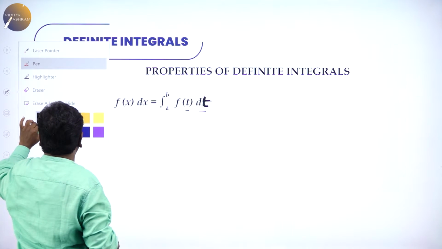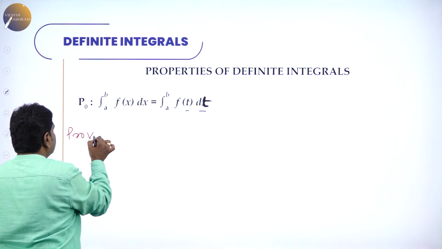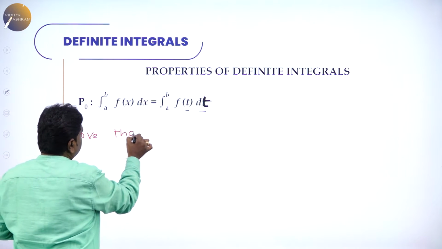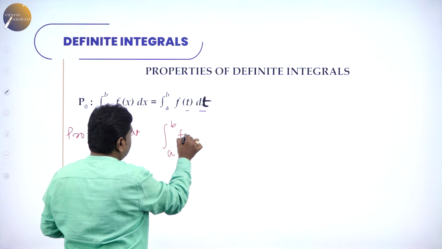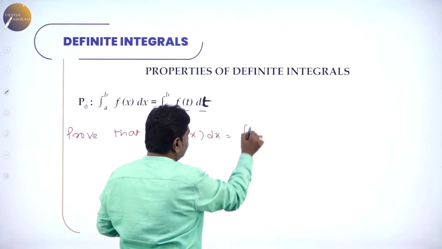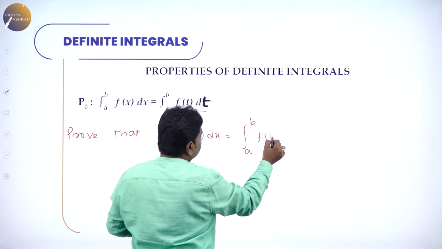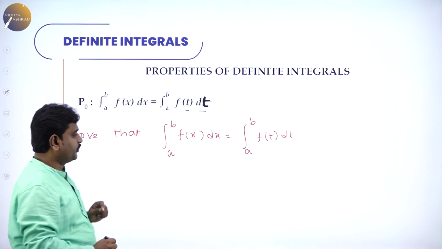The proof is simple. They'll ask: prove that the integral of a to b f of x dx is equal to the integral of a to b f of t dt. Simple and easy, just do substitution.